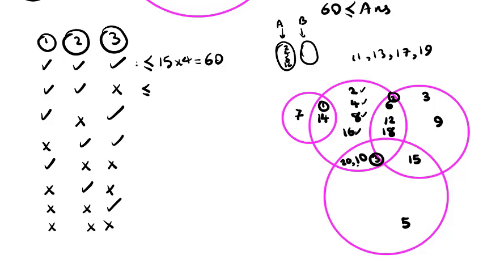And now let's see, we don't select 3, so in A we have what? 1, 2, 3. If we select 14, so we select also 7. 1, 2, 3, 4, 5, 6, 7, 8, 9, 10, 11. So it will be 11 times. Because we don't select 20 and 10, we don't select 15.